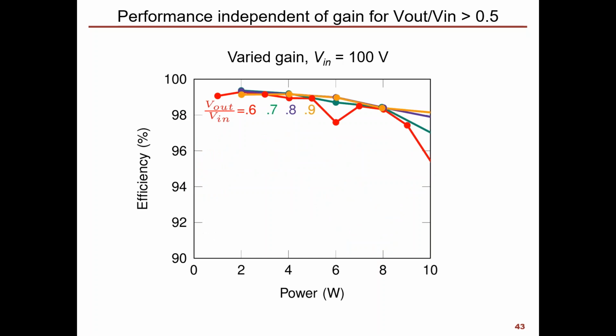But what's interesting is if we're at a voltage conversion ratio above 0.5, our efficiency does not vary at all. This gives us essentially a free conversion range of 2 with no penalty in efficiency. So you can imagine if this converter were used as a regulation stage, it could do that with very high efficiency across a gain range of 2.